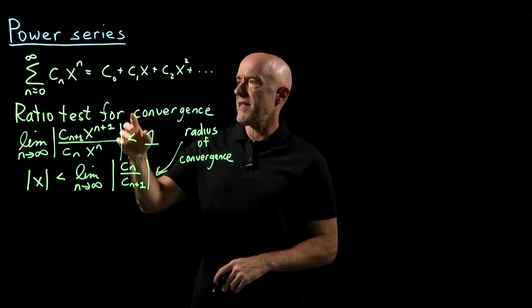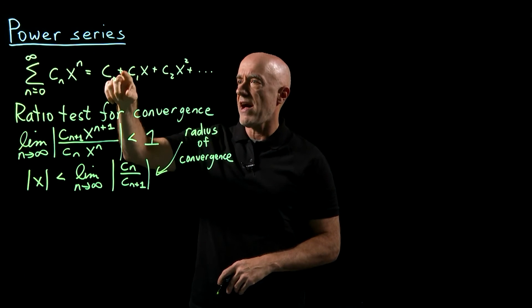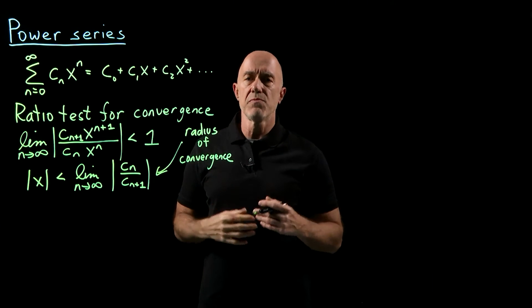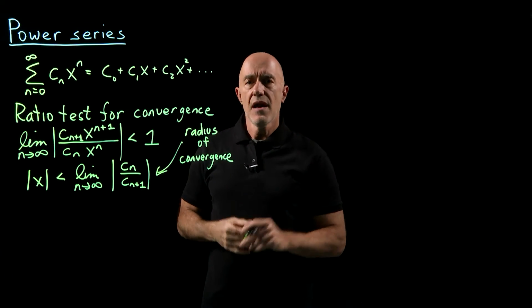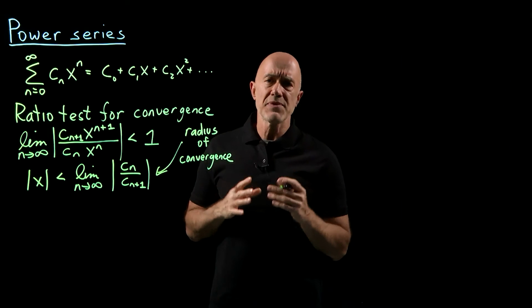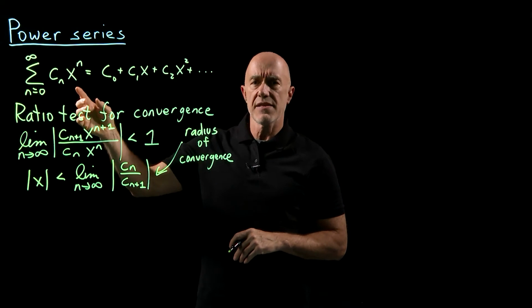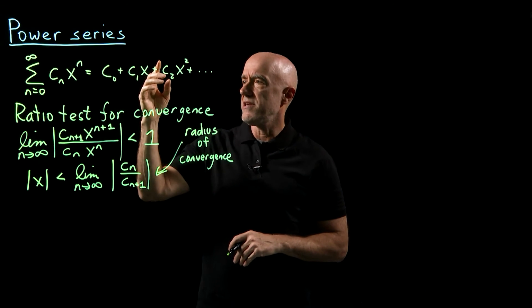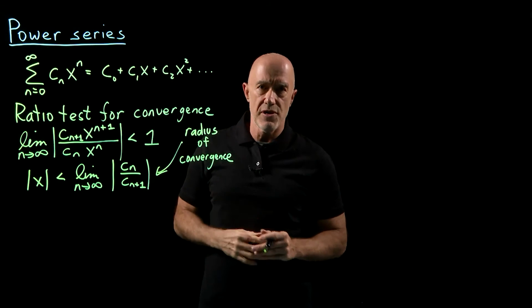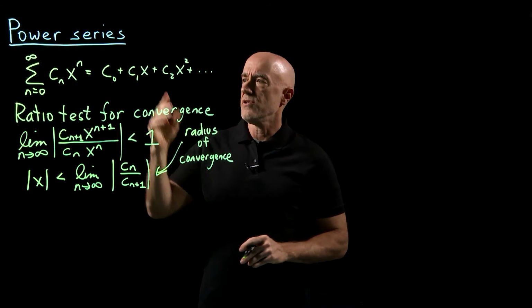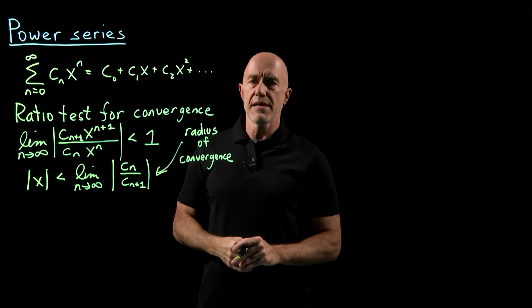What that means is that even if you take the absolute value of each term in the power series, it will still be convergent. A nice feature of an absolutely convergent series is that if you differentiate the power series, you can differentiate it term by term. And if you integrate the power series, you can integrate it term by term.